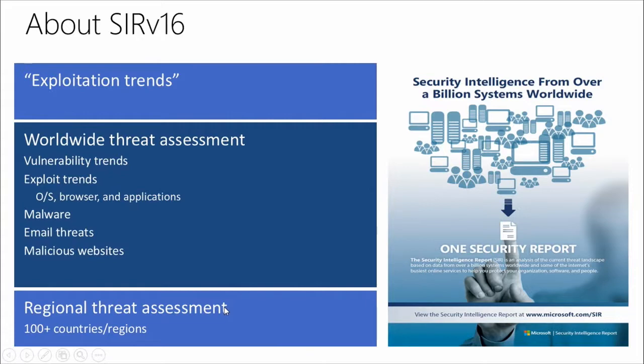Correct. So you asked me what SIR is. Of course. SIR is the Security Intelligence Report our Trustworthy Computing team publishes. The organization basically came out of the idea from Bill Gates when he sent out, I think back in 2002, a memo to our employees where he said we need to put security as a primary focus and make it a top priority for us.